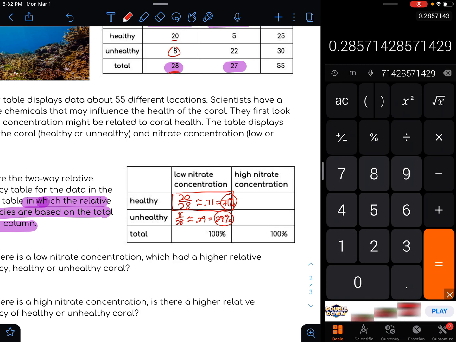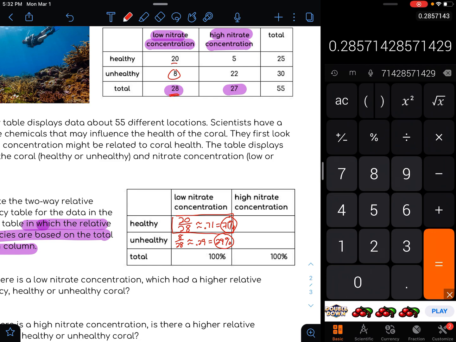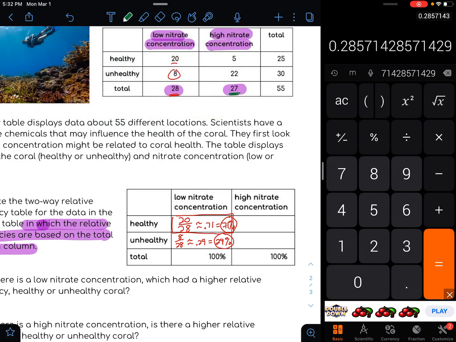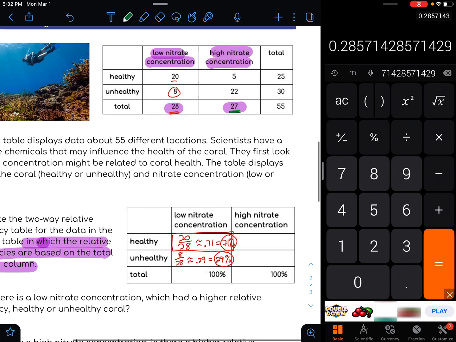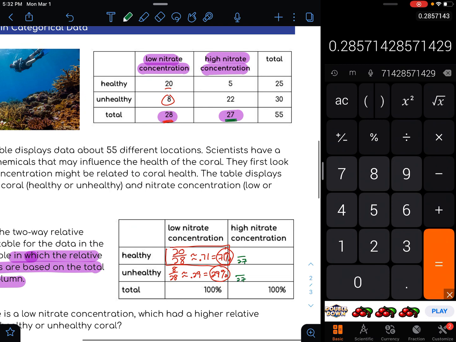All right, let's fill out the other column in the table, which is the high nitrate concentration. Let's use a different color. So the total for the high nitrate concentration was 27. So that's the denominator. That's what we're taking it out of when we're doing our fraction. So the denominator is 27 in both of these, right? Because we're taking it out of a total of 27 high nitrate concentrations. And if we're looking at healthy versus unhealthy, let's start off with the healthy.